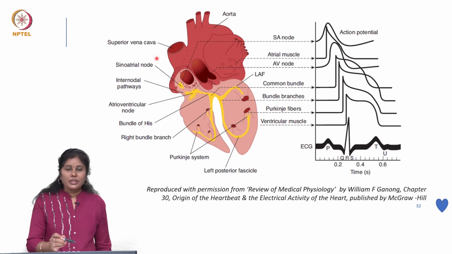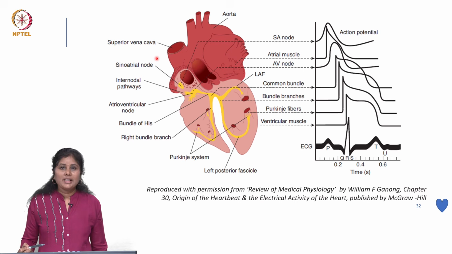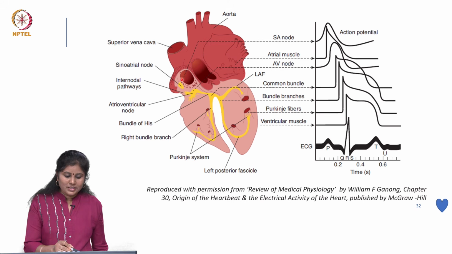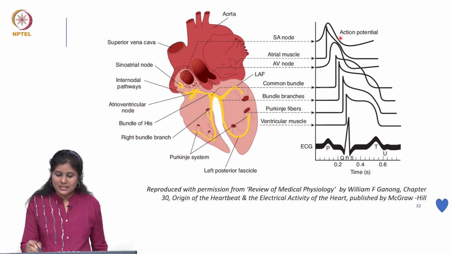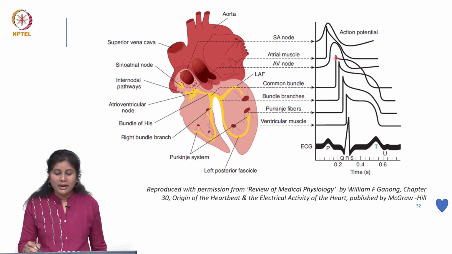So this is a picture showing the depolarization or the action potential produced at different parts of the conducting system. So this is the SA nodal potential, you can see here, then the atrial muscle, then the AV node, then the His bundle, its branches, Purkinje fiber system, finally the ventricular muscle.